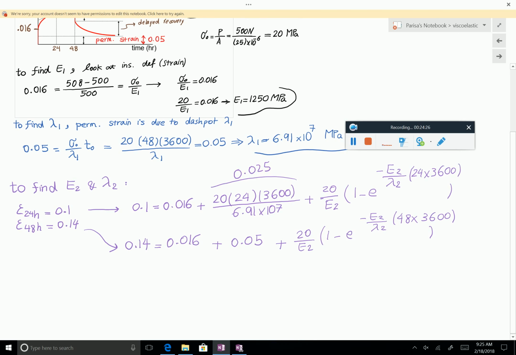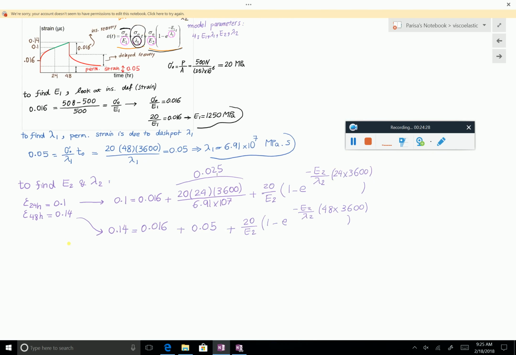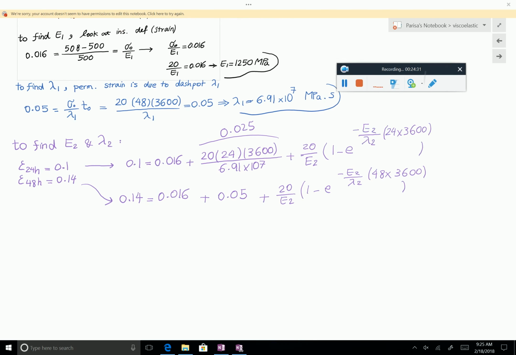So we can simplify these two equations as follows.